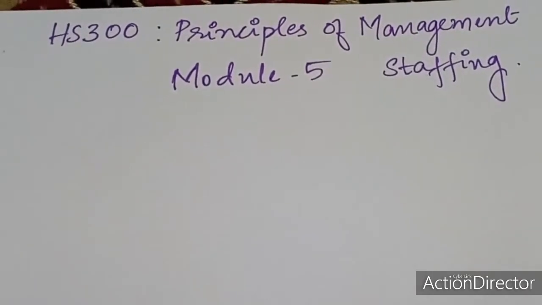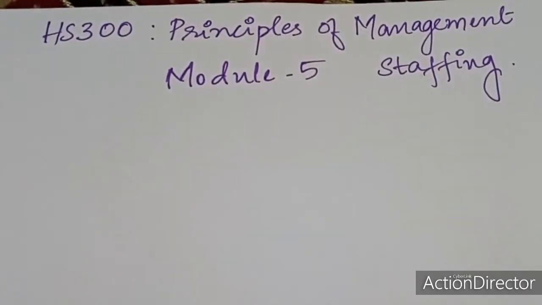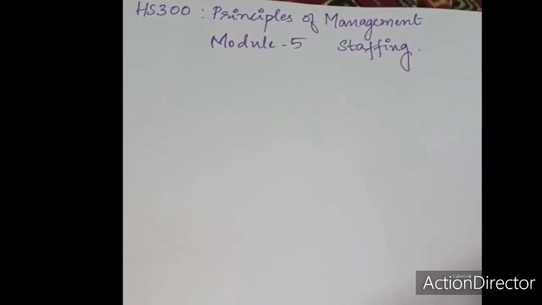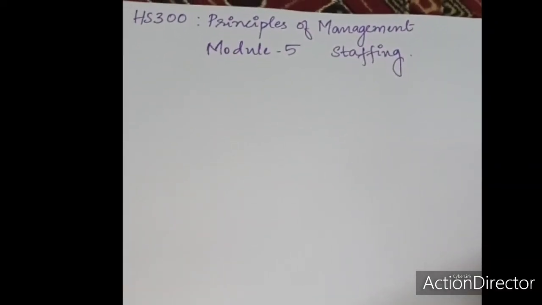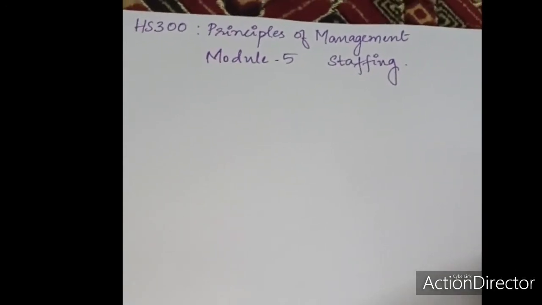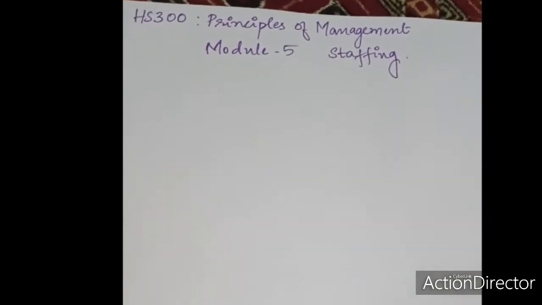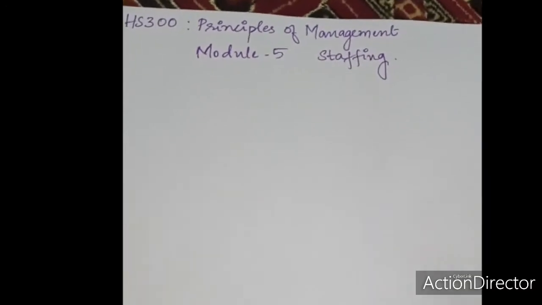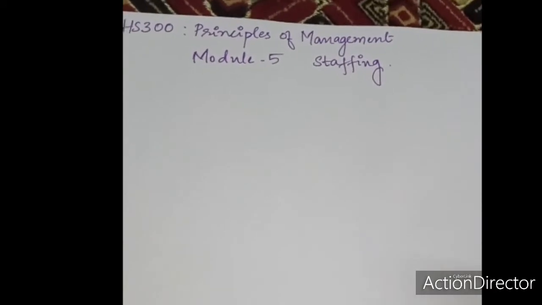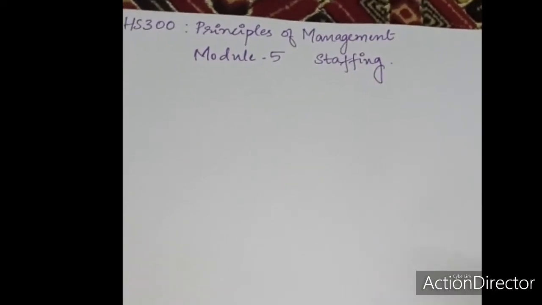So let's start off with the definition of staffing. What do you mean by staffing? Staffing is a part of our management process. We also call it human resource management. It is a part of the management process which is concerned with the human constituents of an organization.